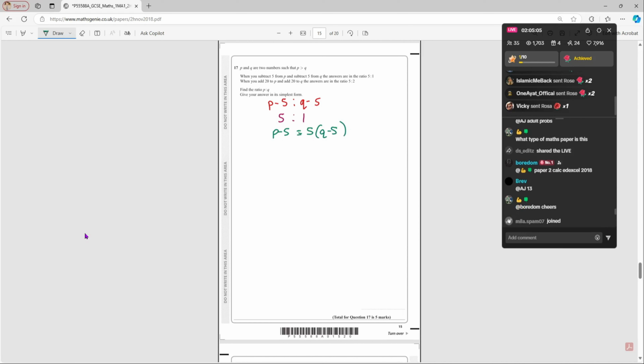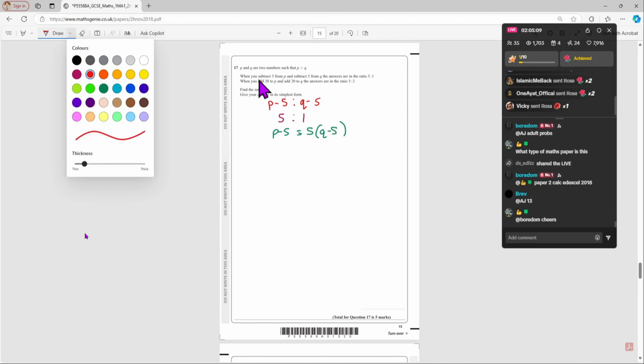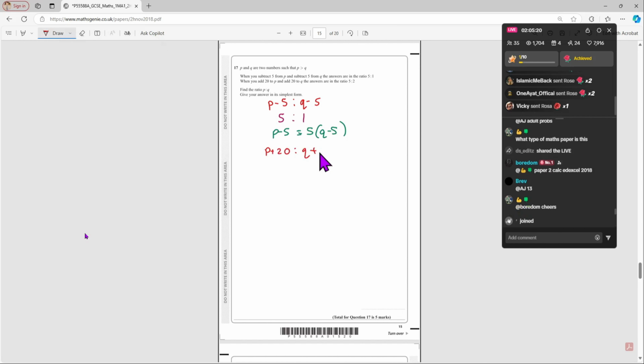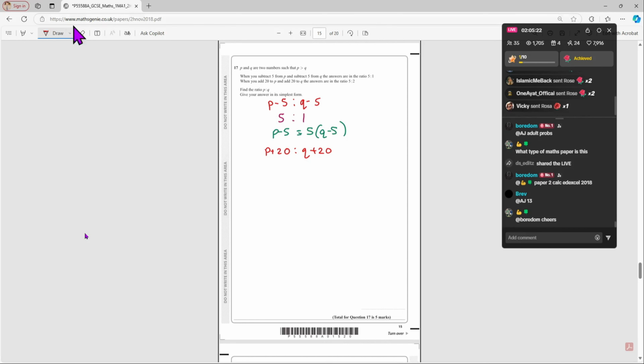Then we're going to do the same thing with the other piece of information we are given. If you add 20 to P, so P plus 20 to the ratio of Q plus 20, that's going to be in the ratio 5 to 2.